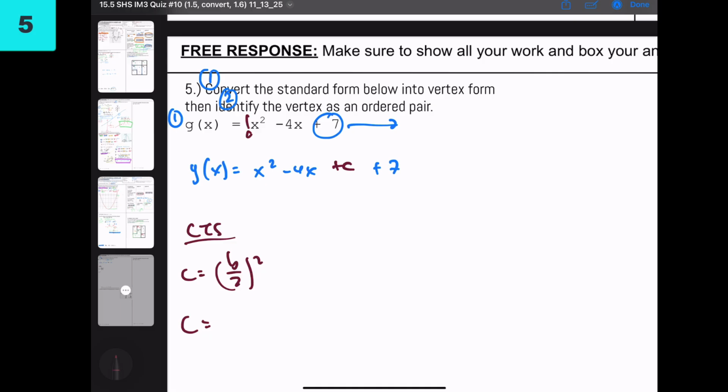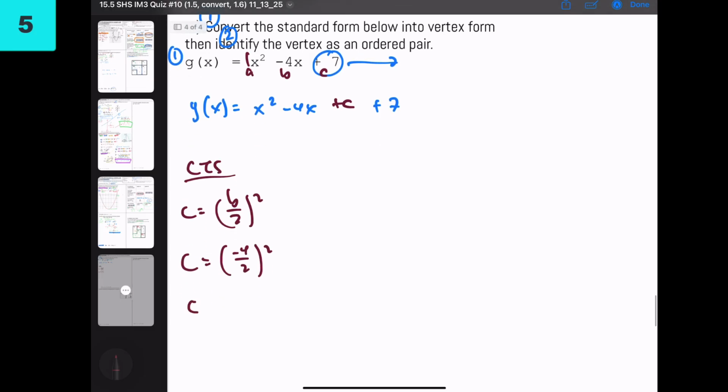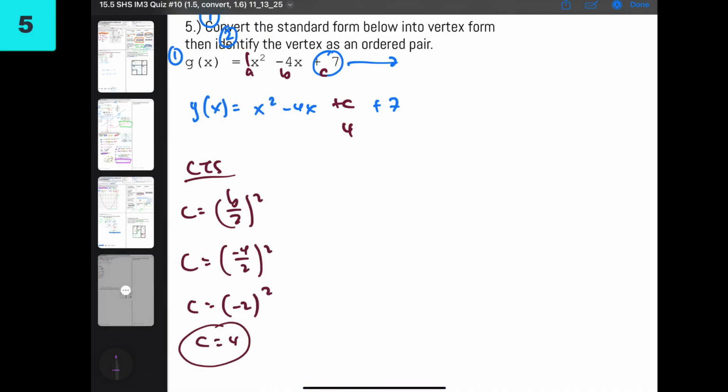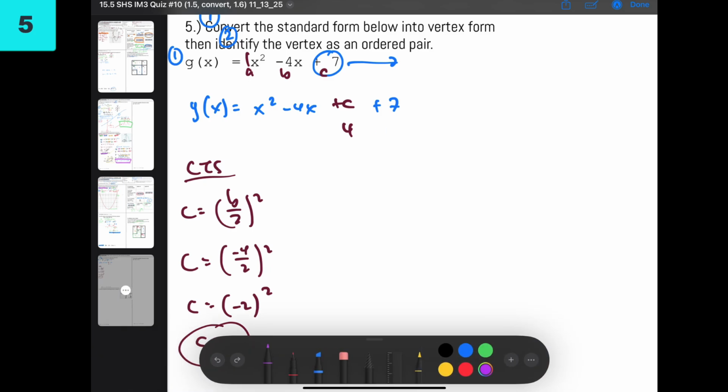A, B, C. B value is -4. Half of -4 is -2. -2 squared is 4. So if I add 4, then I have to do -4 on this side. So that'll become a +3.